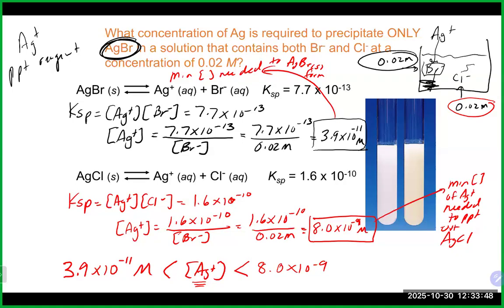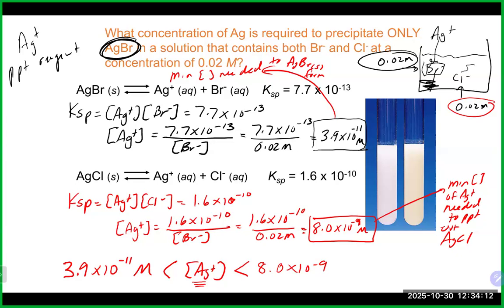And if you were doing this, you would add the silver at 3.9 times 10 to the minus 11, start to see that precipitate. You could slowly increase your concentration of silver, again, keeping it below 8 times 10 to the minus 9. And at some point, you will probably stop seeing solid form. You maybe have precipitated out all of the bromide as silver bromide.